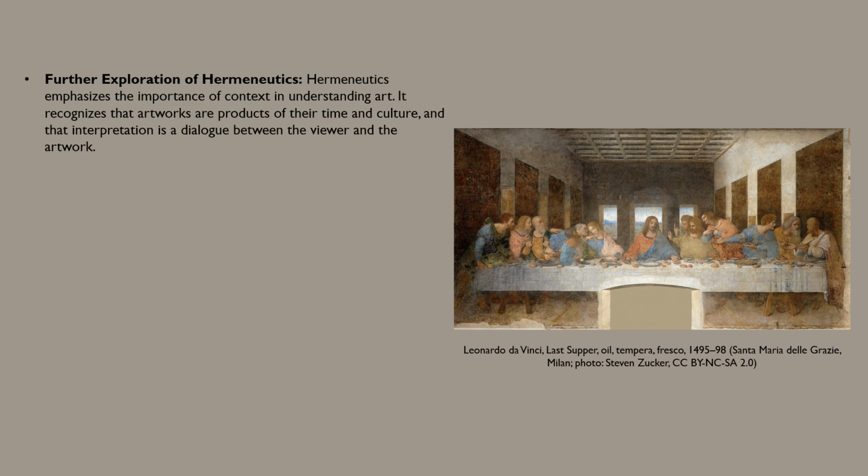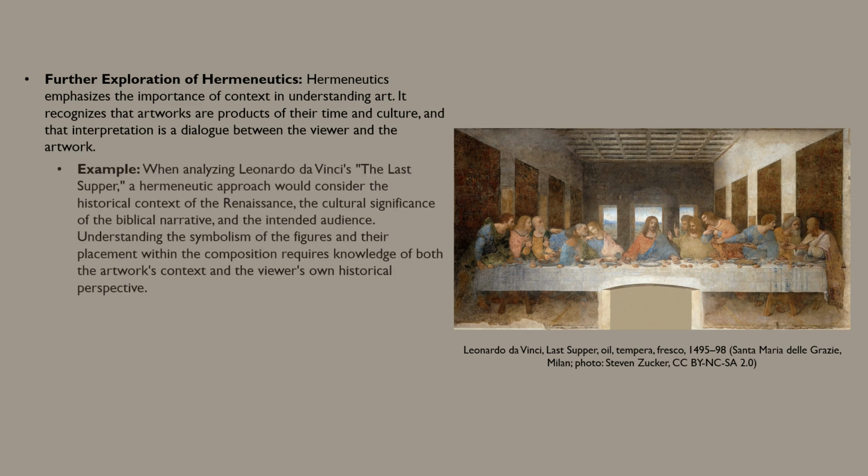So now, looking at hermeneutics, right? This is the importance of context in understanding art. And so here we're going to look at Da Vinci's Last Supper. It recognizes that artworks are products of their time and culture, and that interpretation is a dialogue between the viewer and the artwork. So when analyzing Leonardo da Vinci's The Last Supper, a hermeneutic approach would consider the historical context of the Renaissance, the cultural significance of the biblical narrative, and the intended audience.